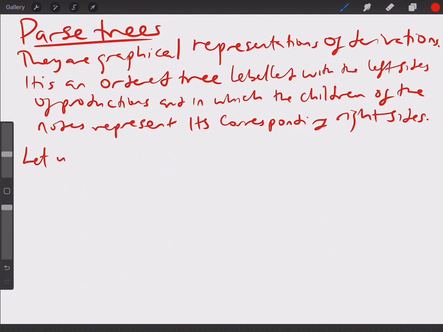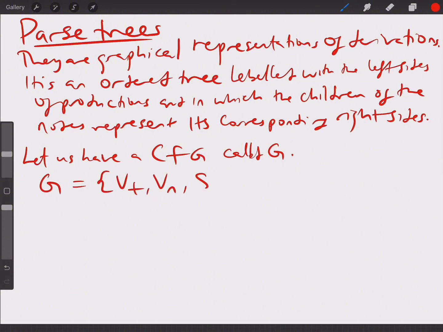Remember, definition. So let us have a CFG called G, such that G is VT, VN, S, and P, right? Remember our production rules where we have S derives A, B, or P. What's on the left side?